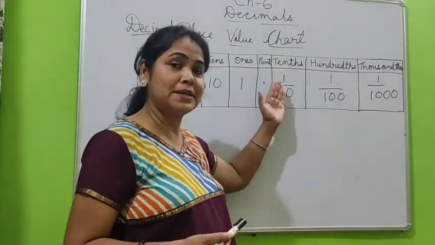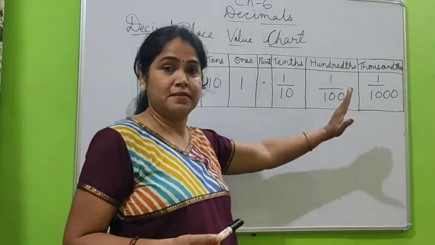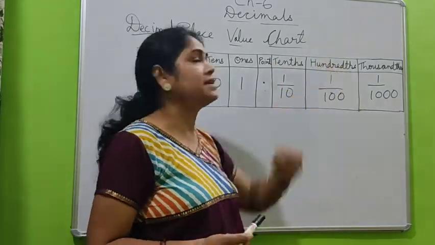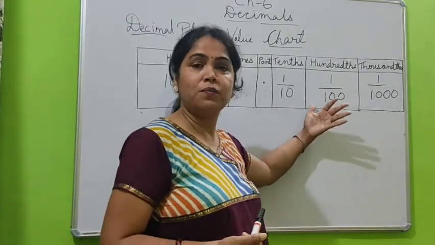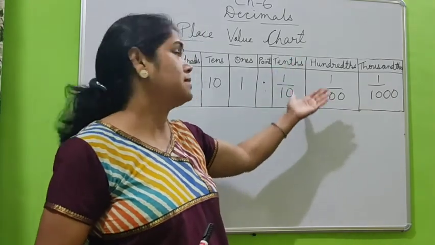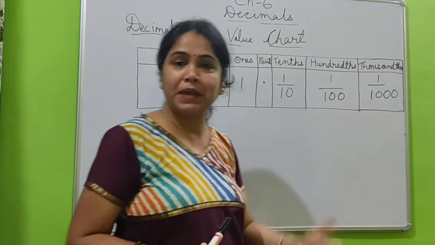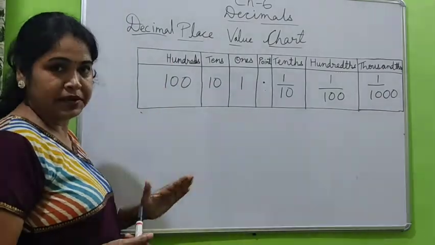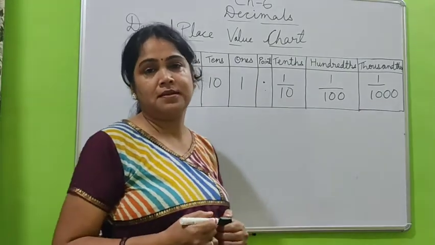If we divide 1 by 10 again, meaning 10 times less, we will get the hundredths period, 1 by 100. Similarly, if we divide 1 by 100 by 10, we will get 1 by 1000, the value of the thousandths period. So each period is decreased by 10 times.